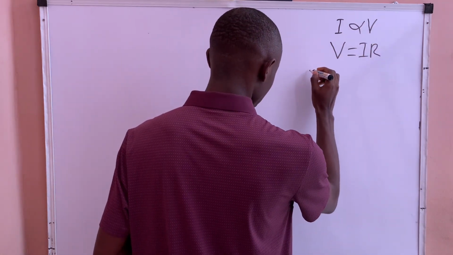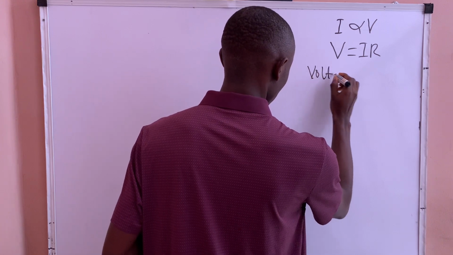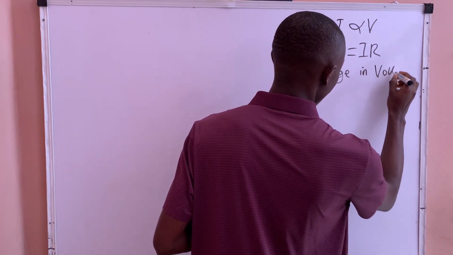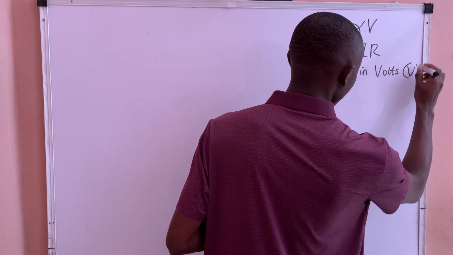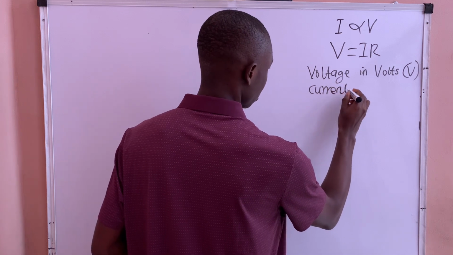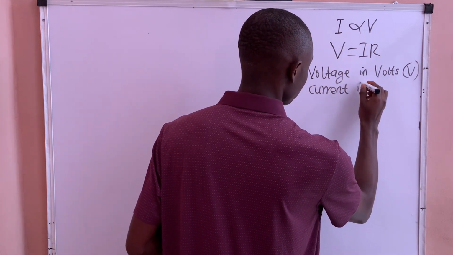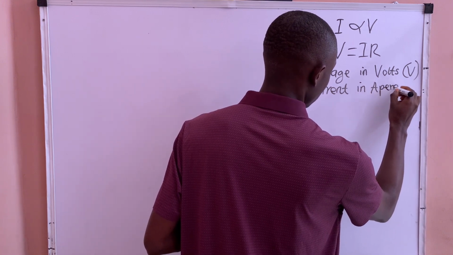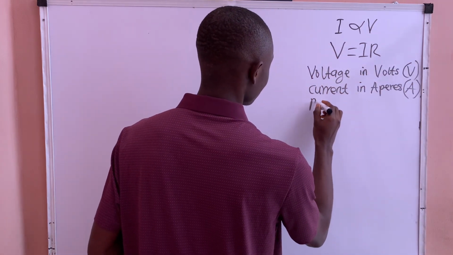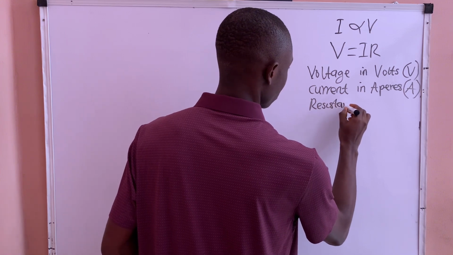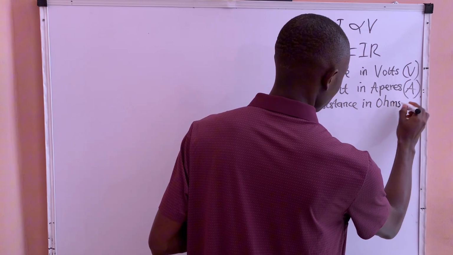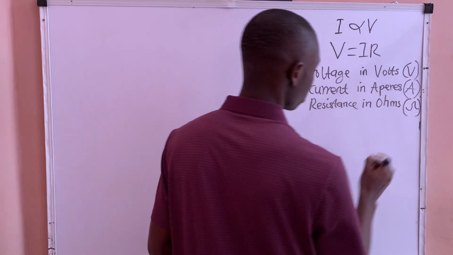V represents voltage, which is measured in volts, and the symbol is V. I represents current, which is measured in amperes, and the symbol is A. R is resistance, which is measured in ohms, and the symbol is Ω.